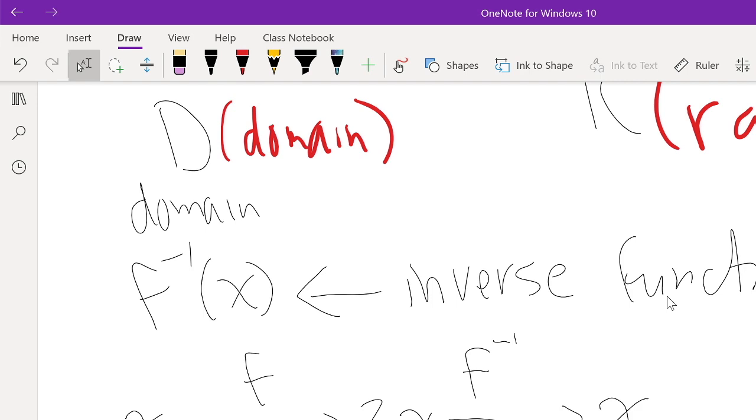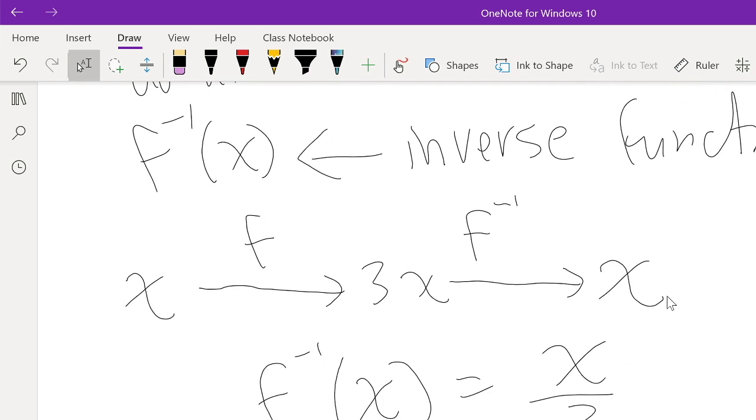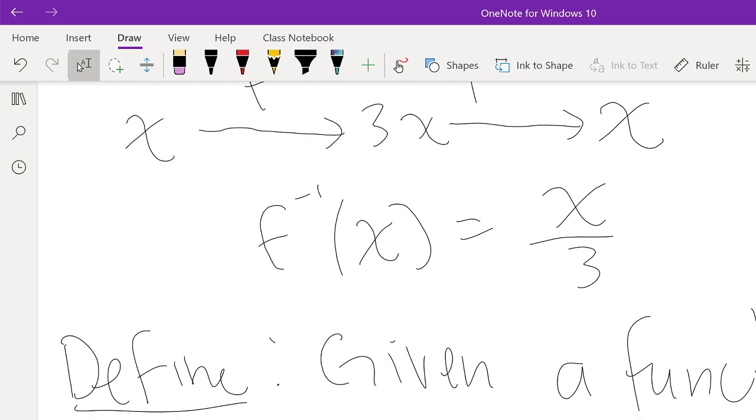Okay, so let's define this in more rigorous terms. If we're given a function f, its inverse, and again, if it exists.